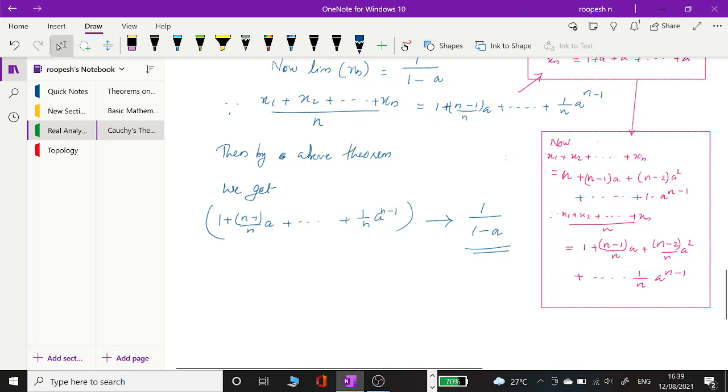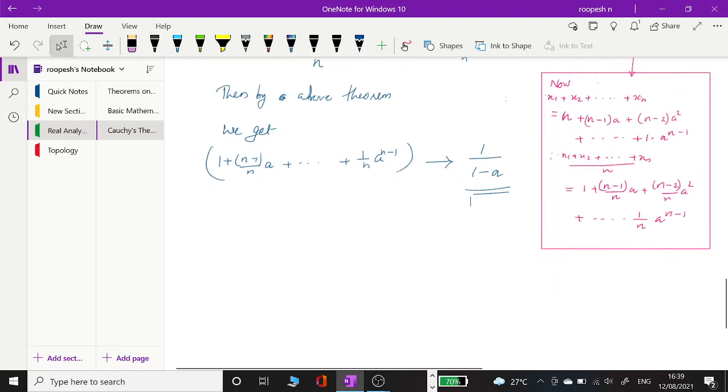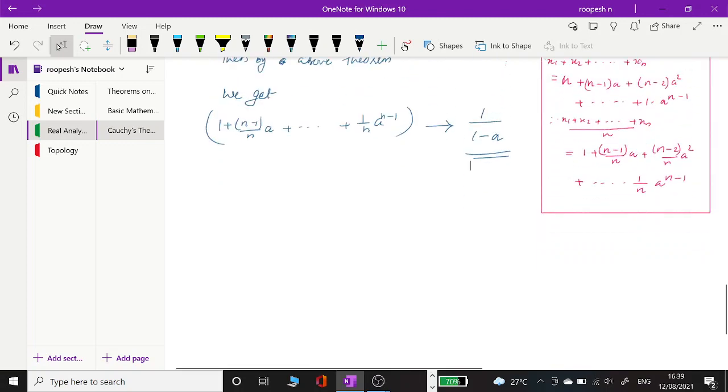Now we will pass to Cauchy's second theorem on limits, 3.2.12.